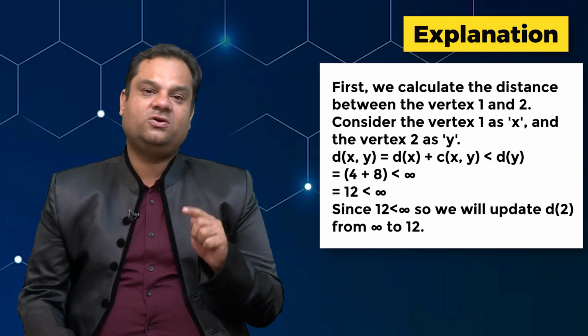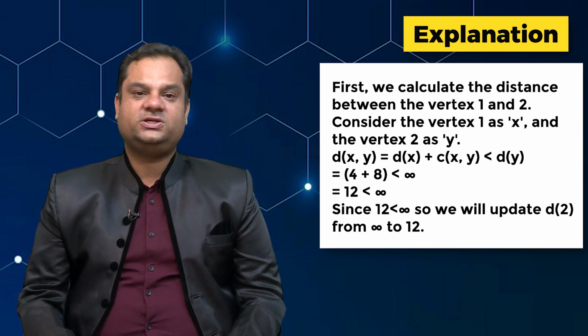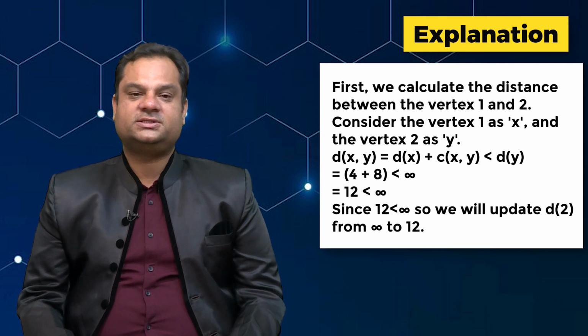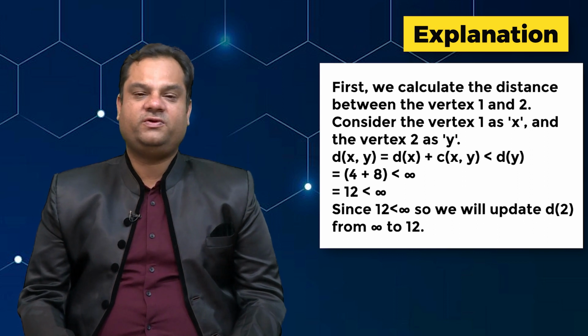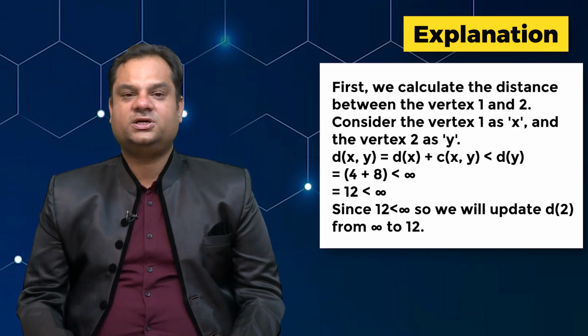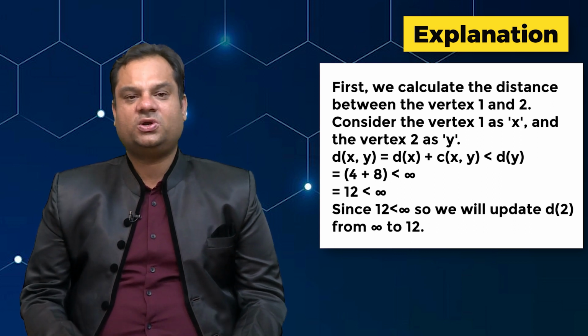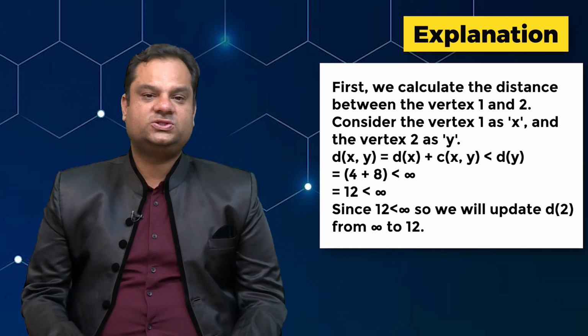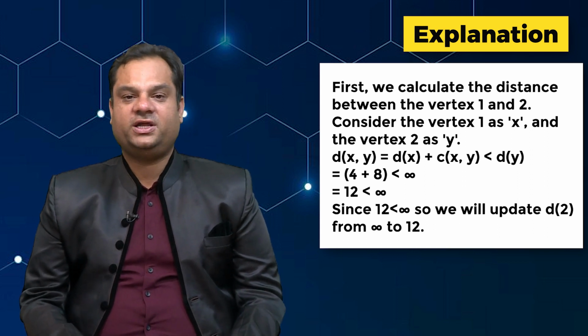So we replace d of x by 4 and c of x y by 8. 4 plus 8 is 12, and the previous value of d y, the distance of vertex 2, is initially infinity. The new value 12 is less than infinity, so we update d 2 from infinity to 12. Again we update all the new values in the graph also.